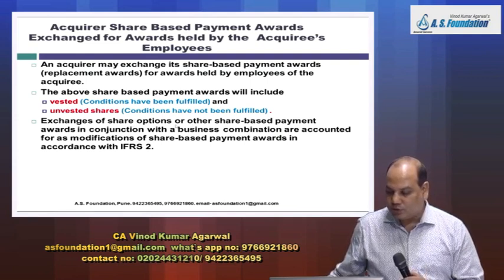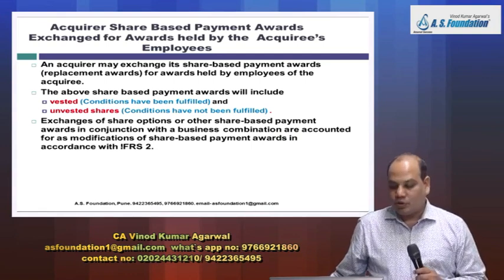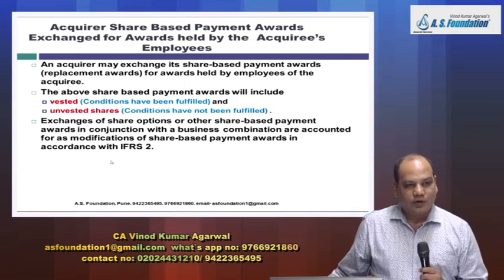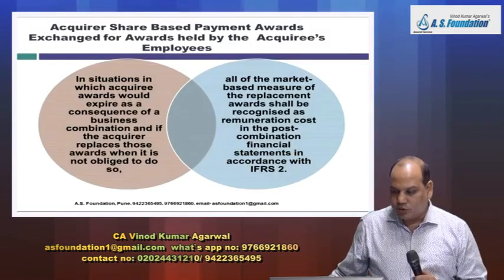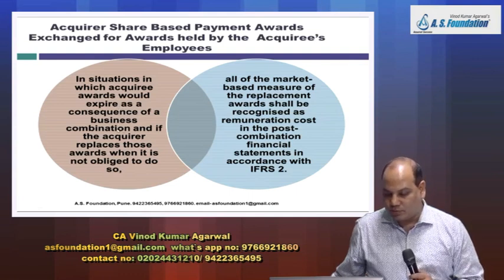Exchange of share option or other share-based payment awards in conjunction with the business combination are accounted for as modification of share-based payment award in accordance with IFRS 2. So we have to apply IFRS 2. Consider situations in which acquiree awards would expire as a consequence of the business combination, and the acquirer replaces those awards when it is not obliged to do so.